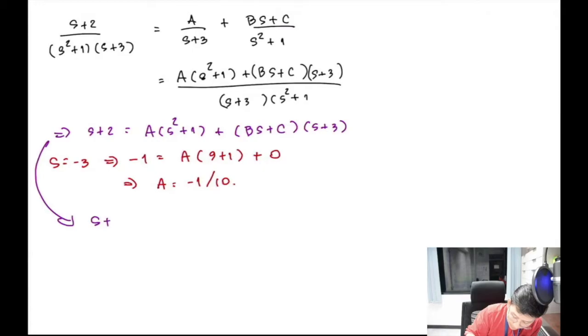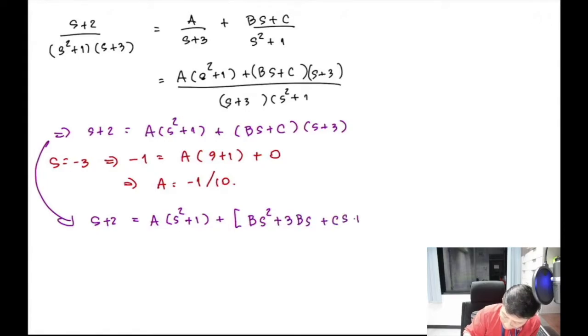So I get s plus 2 equals A(s squared plus 1) plus Bs squared plus 3Bs plus Cs plus 3C. I'm going to use the method of undetermined coefficients.